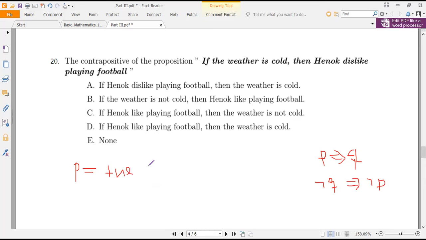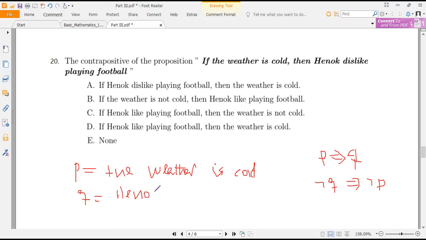The weather is cold is P, and Q is Enoch dislikes playing football.